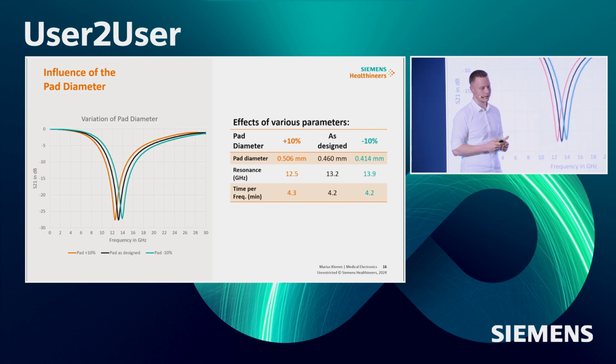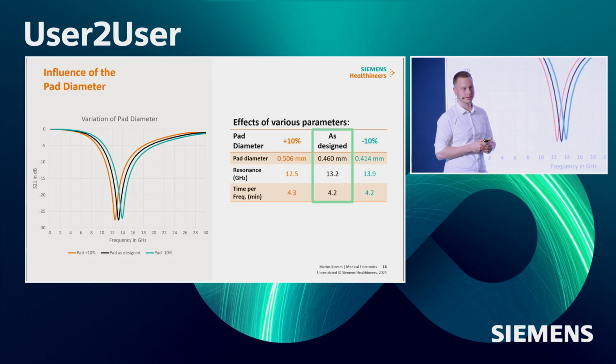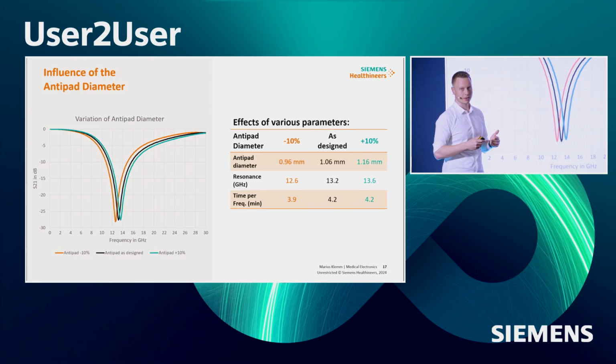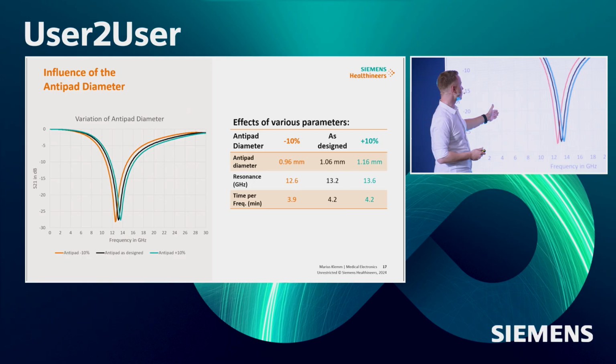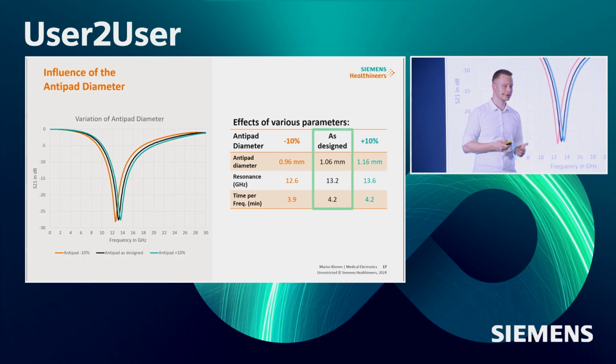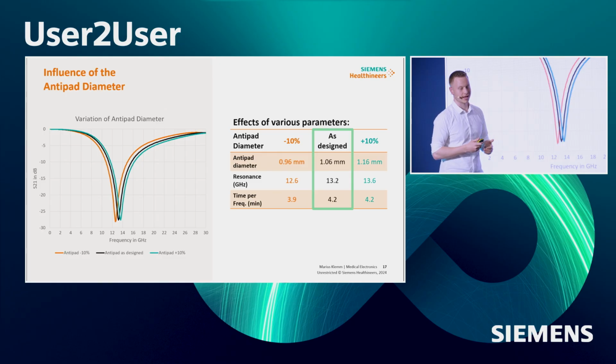So if there's a tolerance, which is, I think, unlikely, but there may be a tolerance, always go with the as designed parameter here. On the same page, if we're looking at the anti-pad diameter, it's the same, plus minus 10%. We don't see that much deviation, but there's still deviation. And you should also go with the as designed value here.